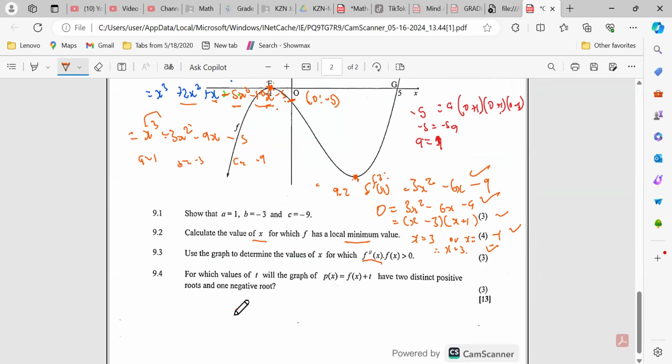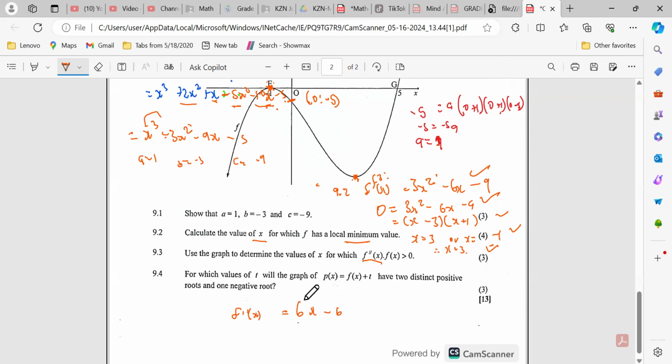So if we differentiate for the second time, we're going to have f prime of x, prime. We are going to have this one multiplied by this one, which gives us 6x minus 6. Right? Minus 6. If you were to draw this function, how is this function going to look like? It's like a straight line. How will you draw the straight line?